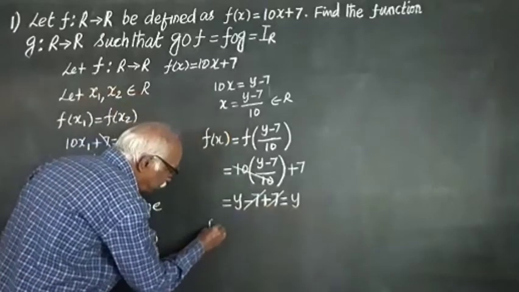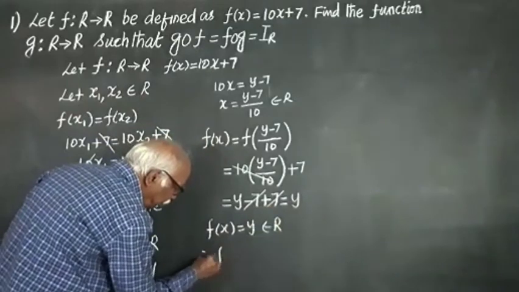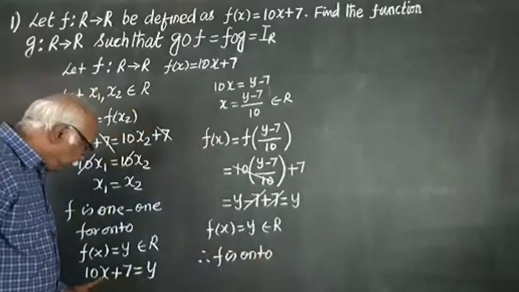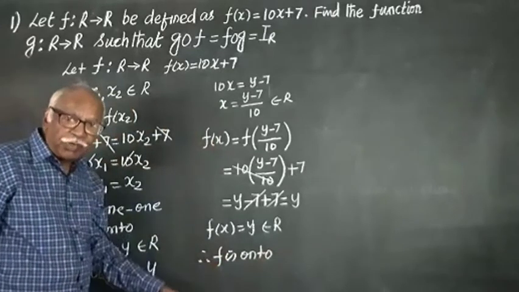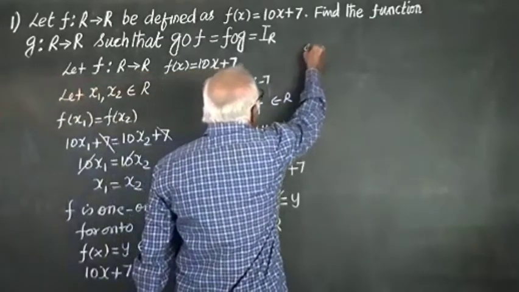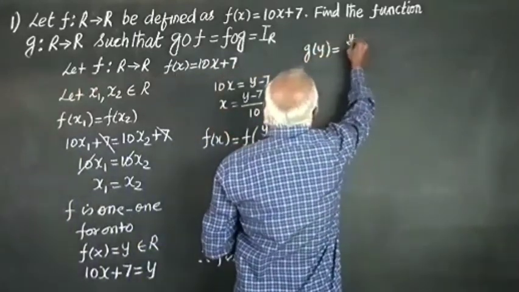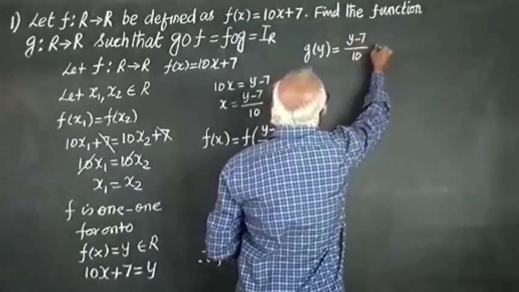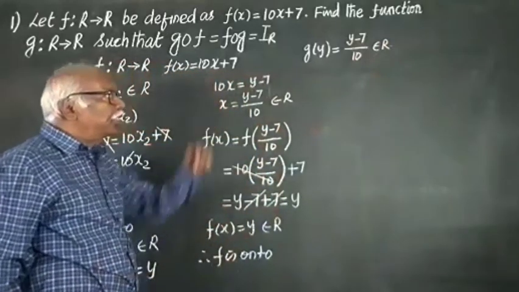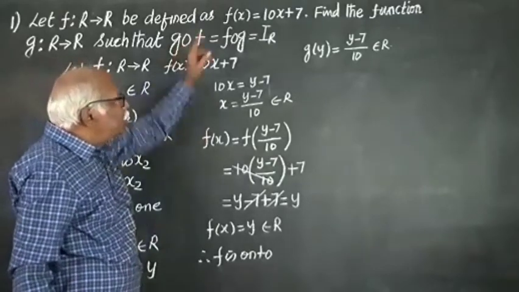So f(x) = y, where y belongs to R. Therefore, f is onto. f is one-one and f is onto, therefore f is bijective. f is invertible. Therefore, g(y) = (y - 7)/10, where y belongs to R. That is the function. Now we have to verify that g∘f = f∘g = I_R.